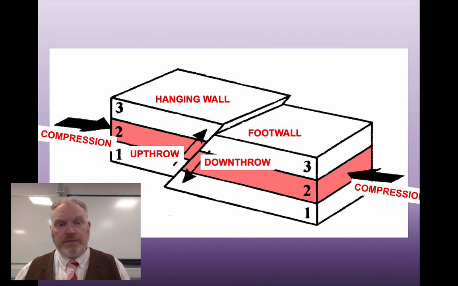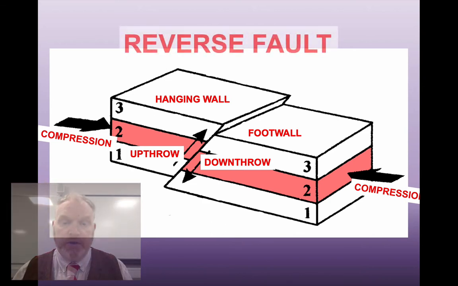Here we can see compressional stress has shortened the crust here. The hanging wall in this fault is actually the up throw side of the fault. The fault plane is dipping towards that up throw side. So this fault must be a reverse fault.